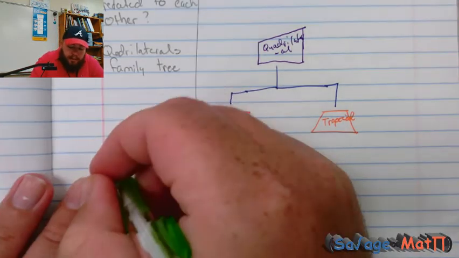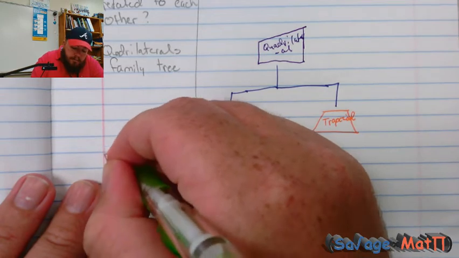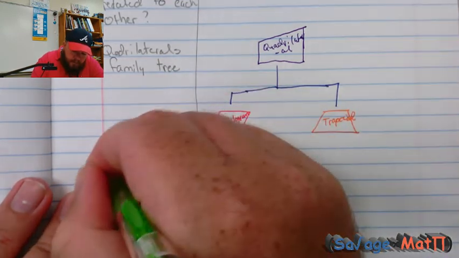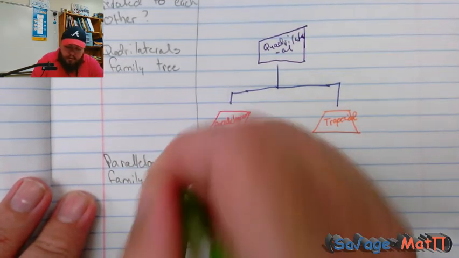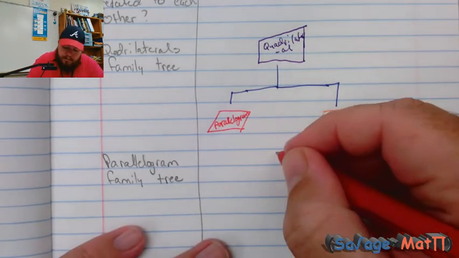So down here we're going to write parallelogram family tree. And down here we're going to start with that parallelogram.